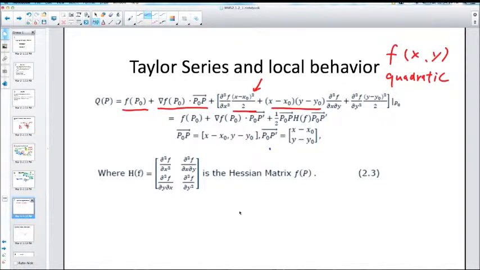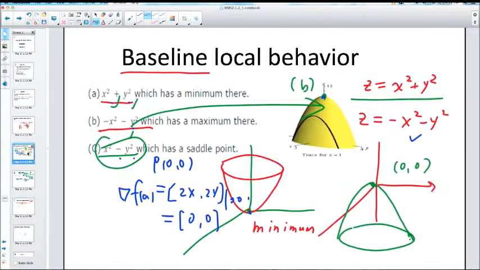So if you try to put all the surface together, this is the tangent plane, and the second is a quadratic surface, it must be one of these three types of surface.